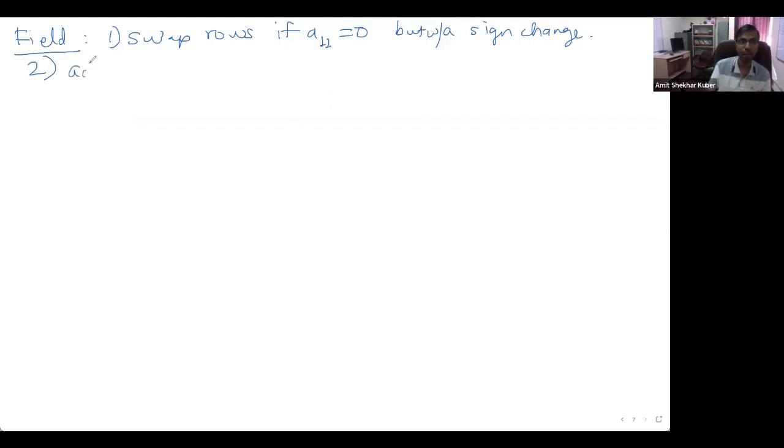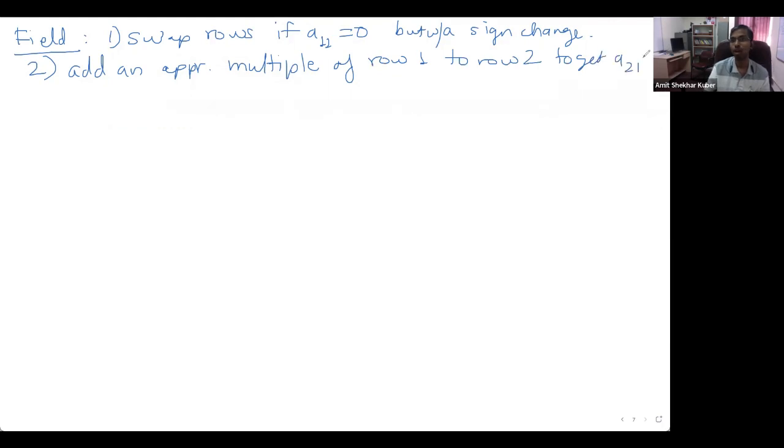So add an appropriate multiple of row 1 to row 2 to get A21 equal to 0.